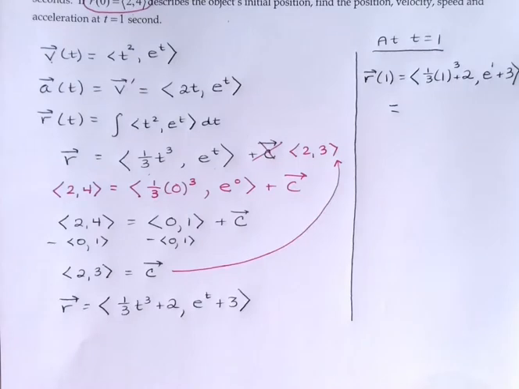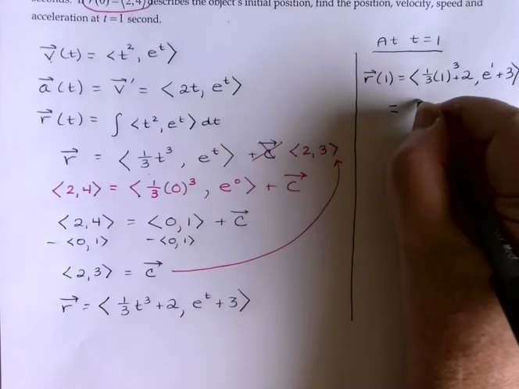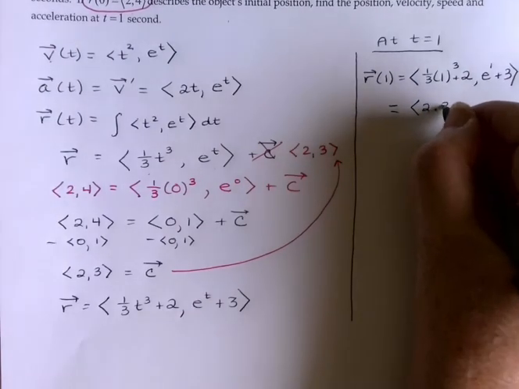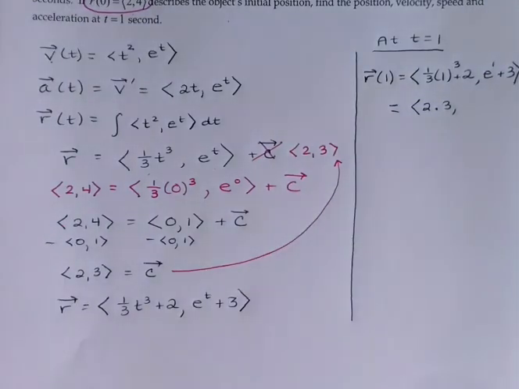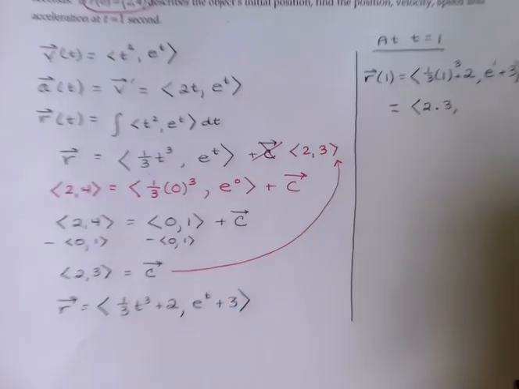We'll just give a decimal approximation to that. This would be 2 1/3, or 2.3 approximately. And e plus 3 is about 5.7.